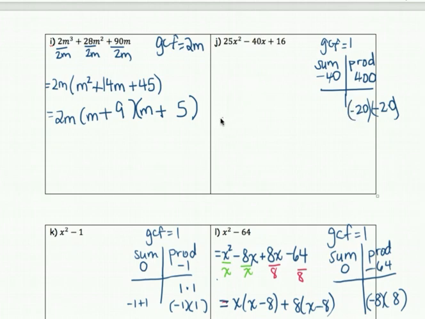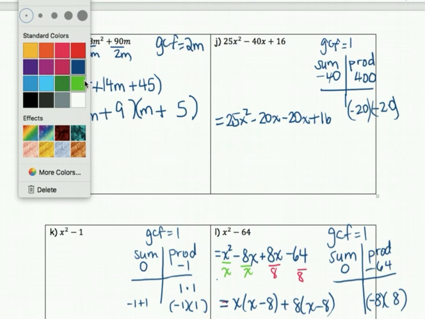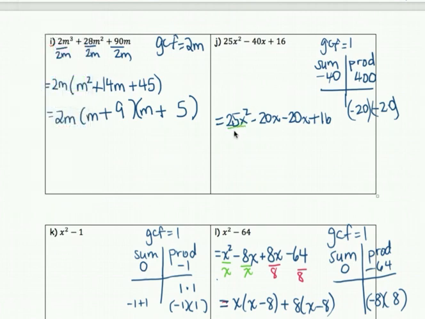All right, so let's decompose the middle term and factor by grouping. Watch out, there's a negative.